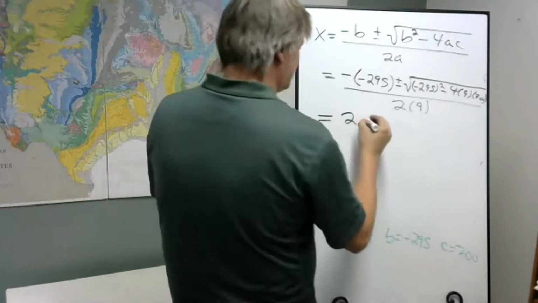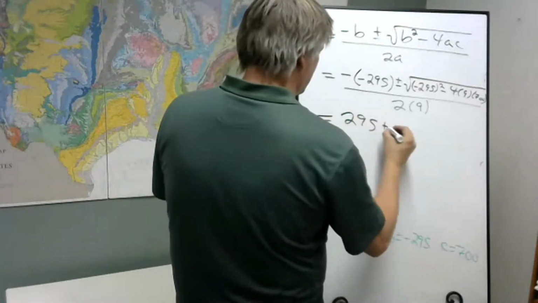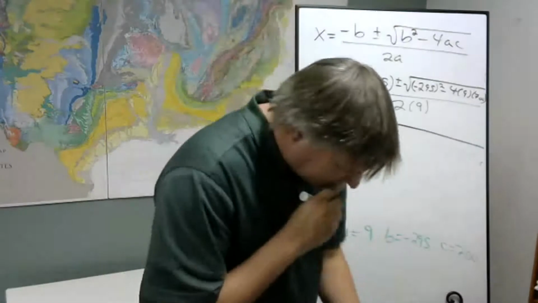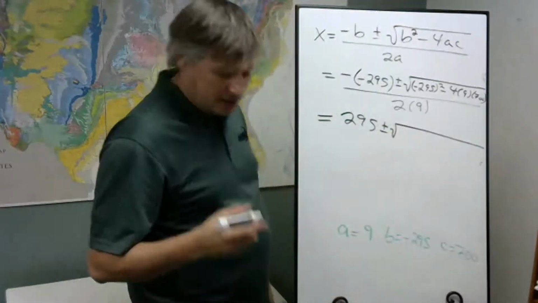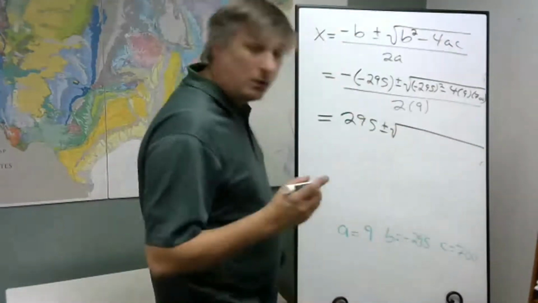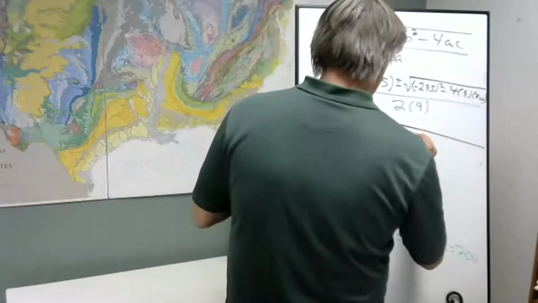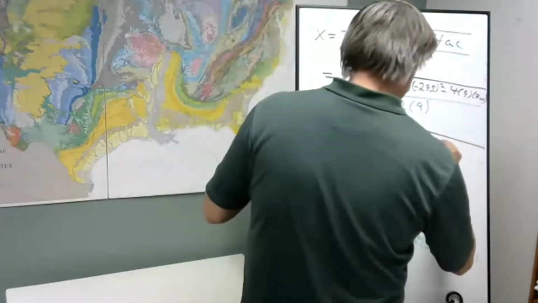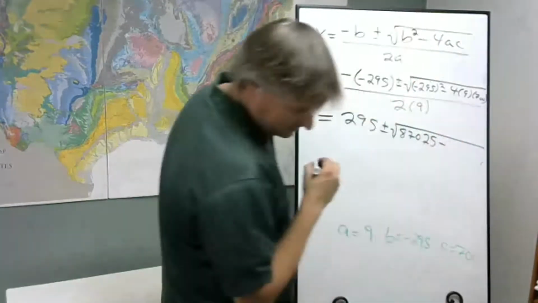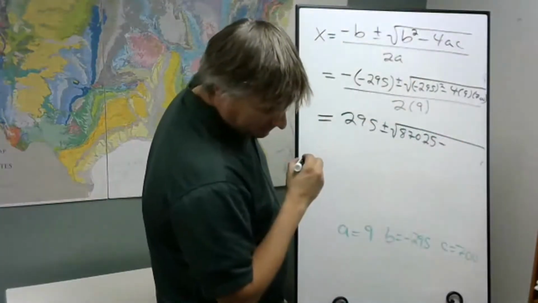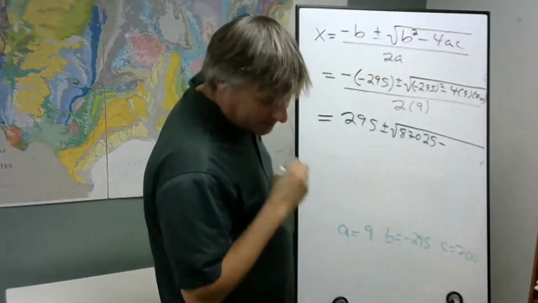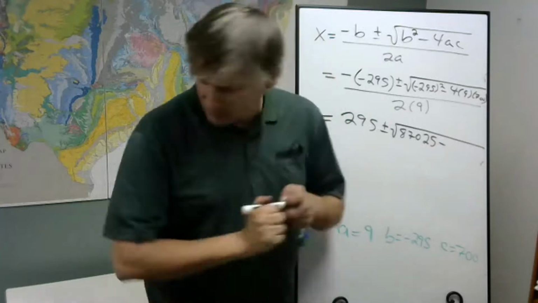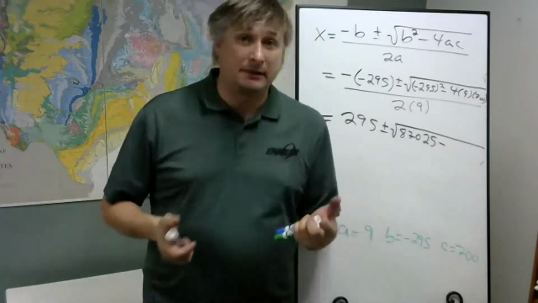Well, negative and negative is positive. Here we go. So if we square 295, or negative 295, we'll get 8,725. And then let's see here. Let me run that number through real quick. I didn't write it down.